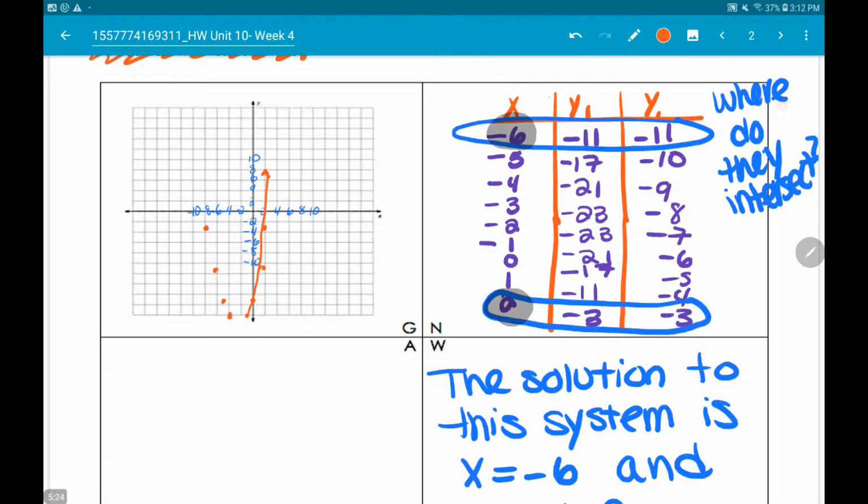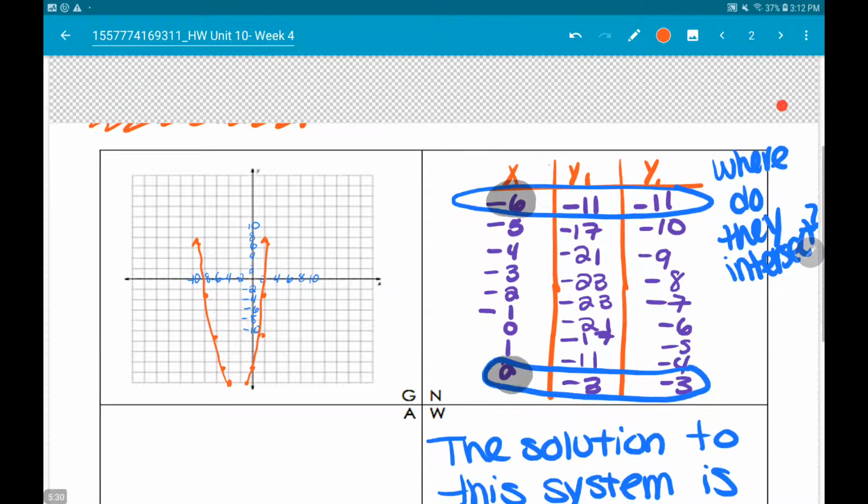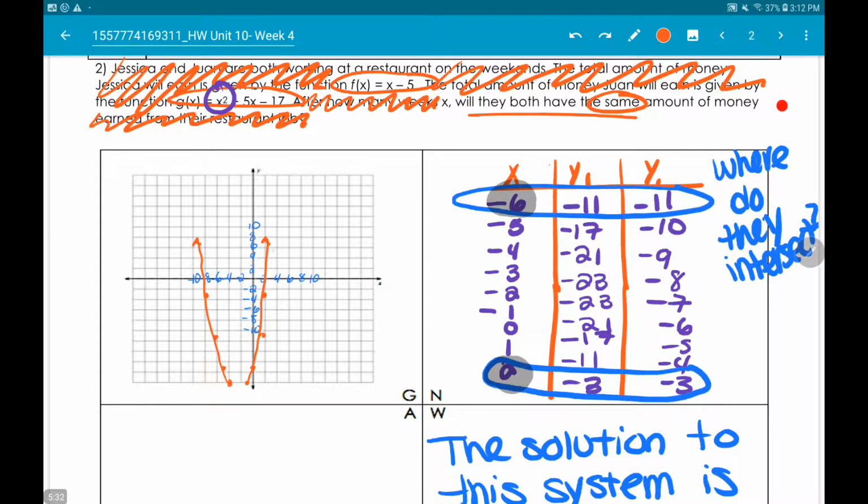All right, so it's a little cut off still, but I'm able to see a bit more. All right, and I need to label that, so that was g of x.